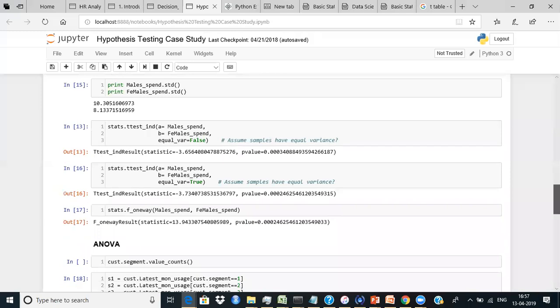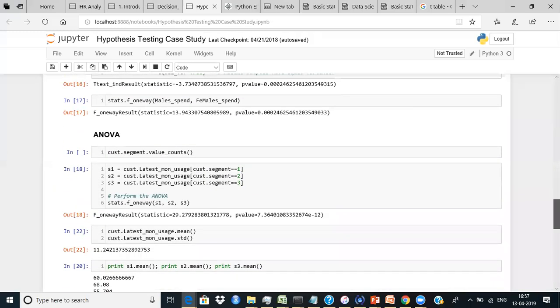Now, next test is ANOVA. To test for ANOVA, what you need to do is separate out data for each segment, right? So the first thing that we do is we separate out the latest month usage as per the segment. So I have S1, S2, S3, 3 segments. Then from scipy.stats, you use f_oneway.